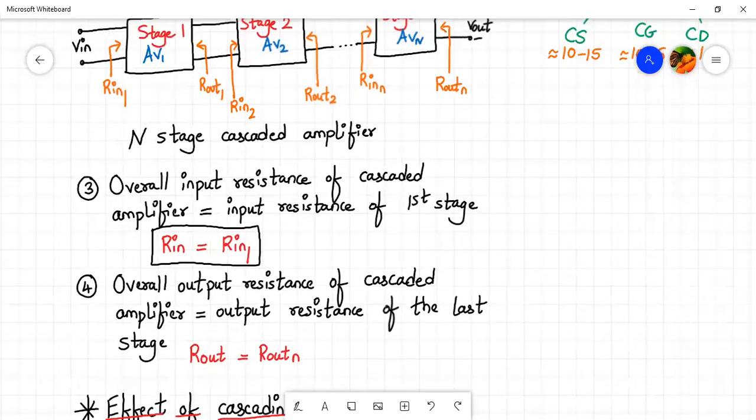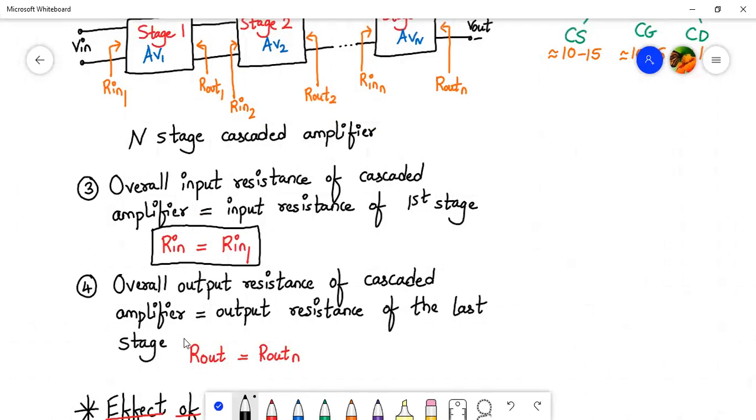So this is also another important concept which you have to remember, that the output resistance of a cascaded stage will be equal to the output resistance of the last stage. Here we could have elaborated a little more. Instead of writing Rin, I can write it as Rin of the first stage.